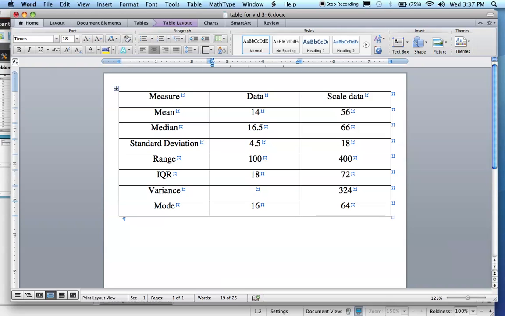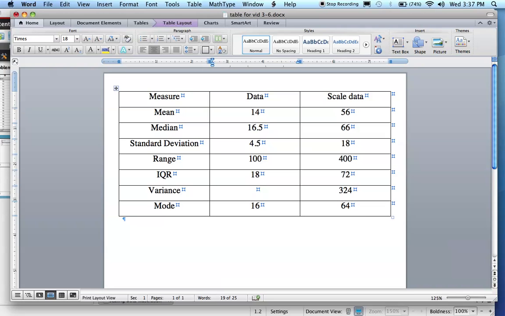The variance, now this is the difference in the variance. If I just divide by 4, that's not going to work because it's 4 squared for the new variance. So I have to divide this by 16.